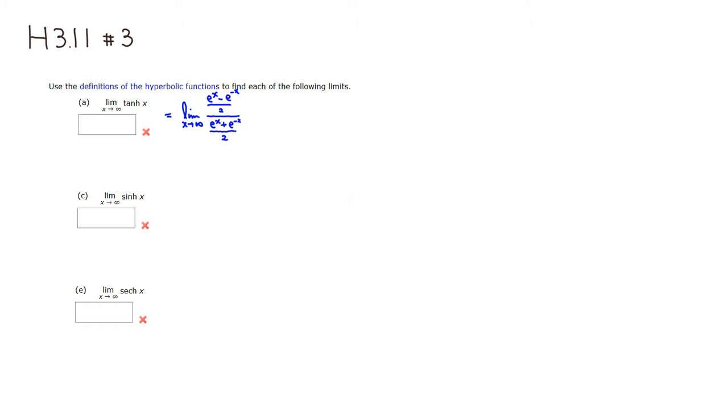The first thing is I'm going to multiply top and bottom by 2, so that we can cancel the 2s. Another thing is if you plug in infinity, e to the x goes to infinity, so the top and bottom both go to infinity.